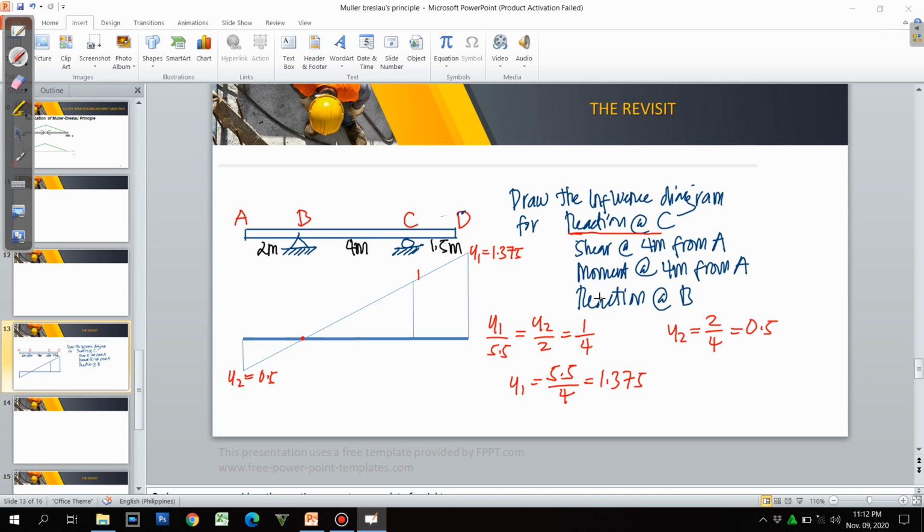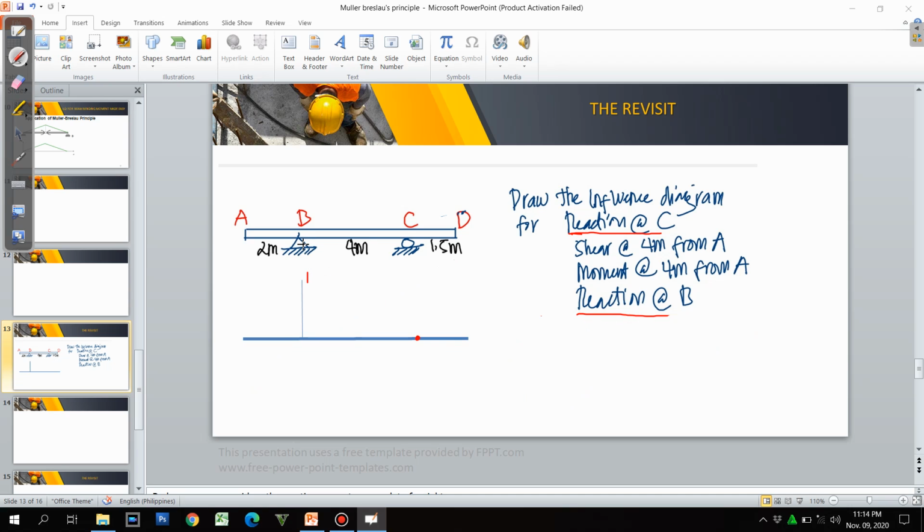How about the reaction at B? Let us work on that. This time we are going to remove this hinge here and replace it with a roller that is moving up. So we push it upwards. So we take note of this location of your roller.